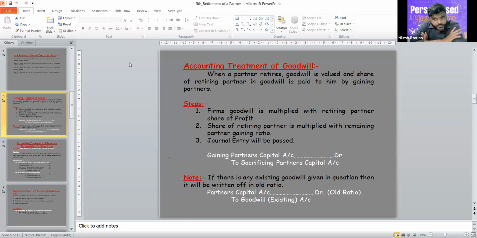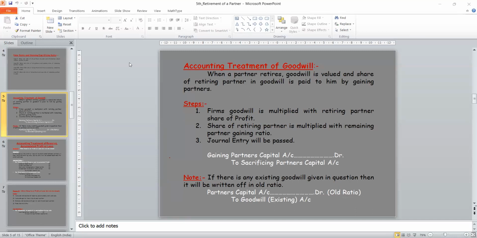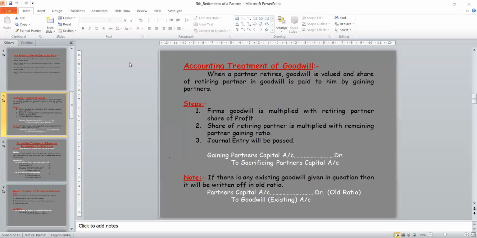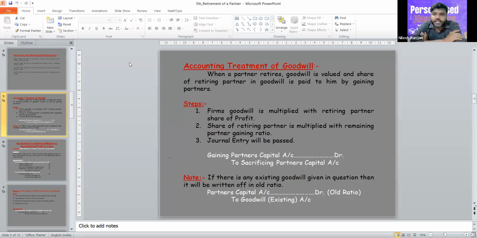Now, first of all, we have to calculate the share of the retiring partner. So that is our first step: the firm's goodwill is multiplied with the retiring partner's share of profit. The retiring partner has only one share, the old share. No new share, no gaining share, because he is retiring. So his old share will be used. You multiply the total goodwill of the firm with the retiring partner's old share.